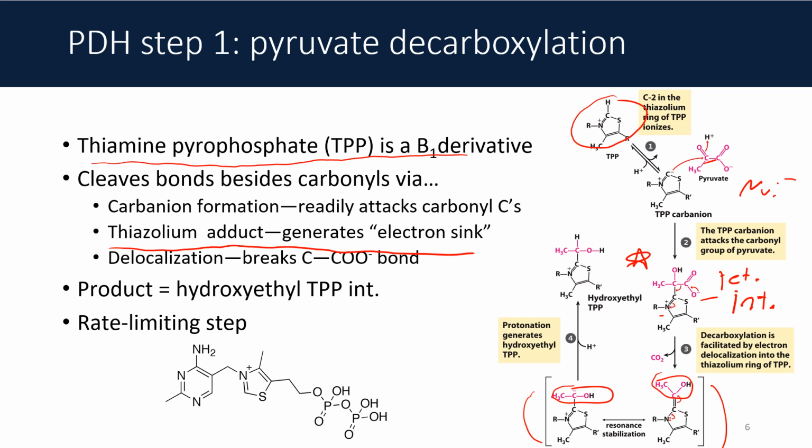By picking up a proton from a general acid residue, we will create something called the hydroxyethyl intermediate. There's an ethyl group, and there's an OH. This process is going to be the rate-limiting step of the entire pyruvate decarboxylase reaction.